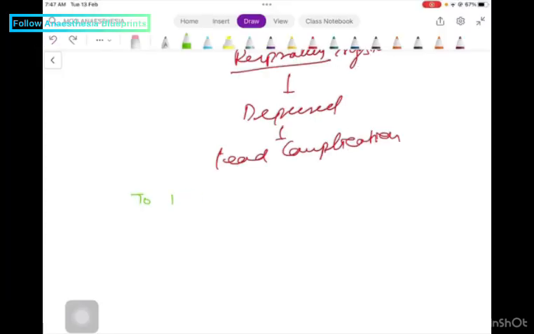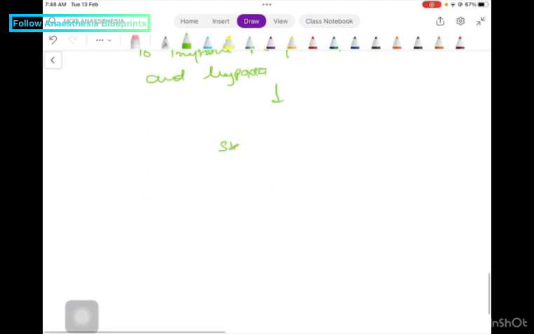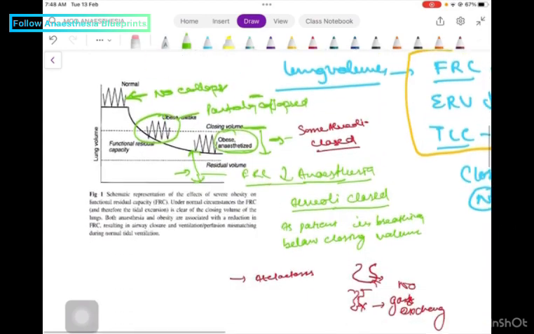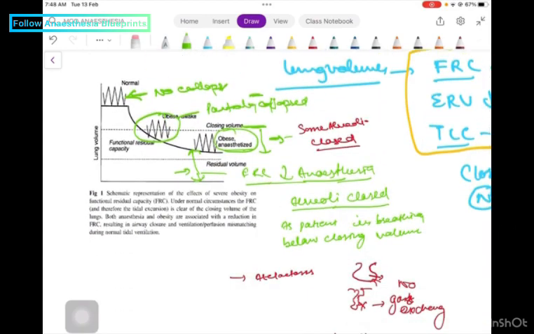So in this entire game, if we start mechanical ventilation, in this case to improve respiratory acidosis and hypoxia, start mechanical ventilation. So the main thing we have observed here: the problem is basically FRC decrease, so atelectasis is happening.